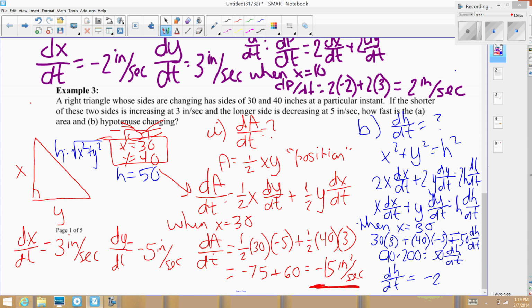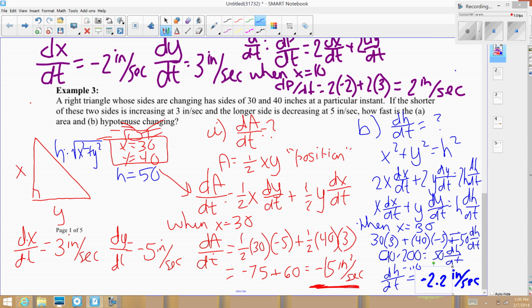All right, 90 minus 200, that'd be negative 110 divided by 50. So what's that, negative 2.2? Inches, we're talking about hypotenuse. Okay, let me write that answer a little bigger. So negative 2.2 inches per second.